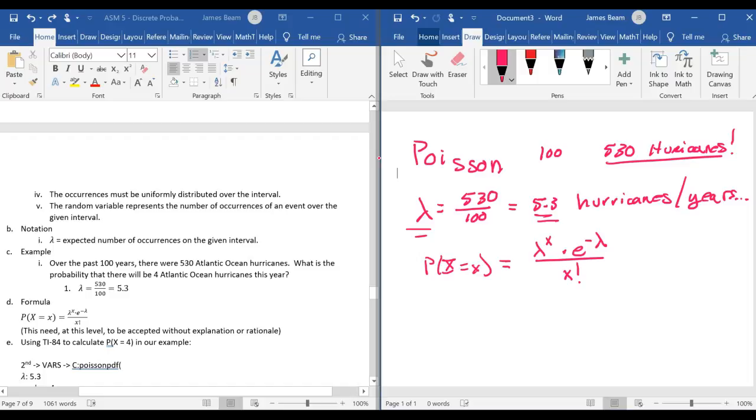Now, here's the problem. You can't build this as a table, because what's the maximum number of hurricanes we can have in a year? Well, the minimum is 0. We can't have -7 hurricanes. But hey, if we could have 14, we can add one more. There could be 15. There could be 16. There could actually be 1 million hurricanes in a year. It is highly unlikely that's going to happen, and the probability in the distribution is going to be really, really, really close.